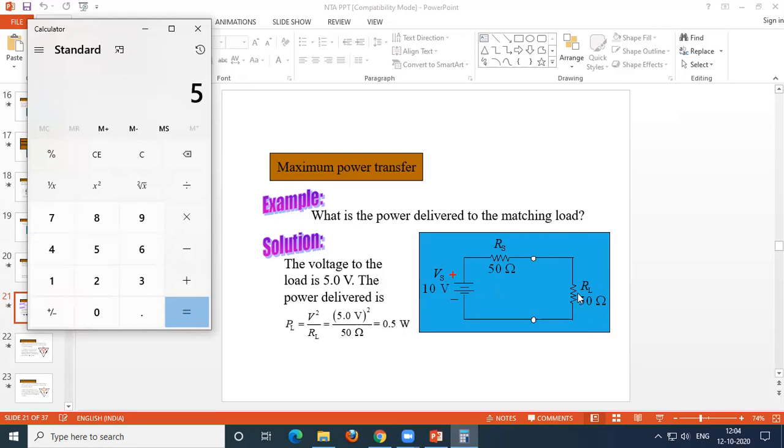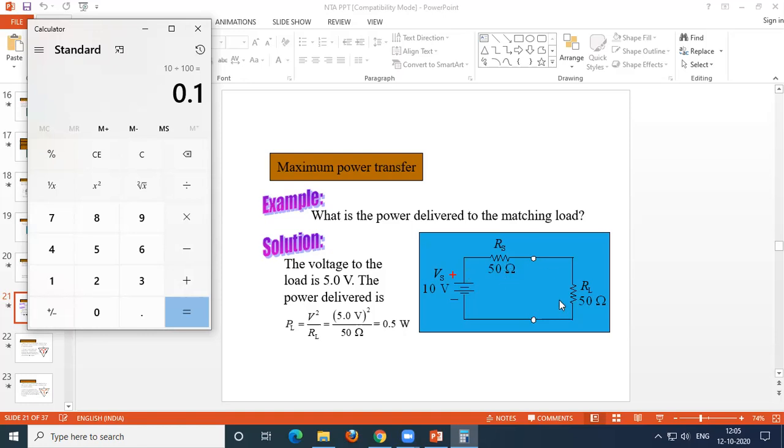So 50 plus 50 is equal to 100 ohm, and the value of the current is the voltage divided by resistance. Voltage is 10 divided by resistance 100. That is the value of the current. The current flowing through that circuit is 0.1 ampere, because the unit of current is ampere.